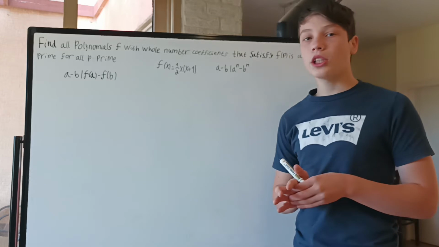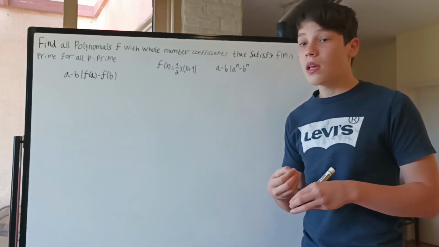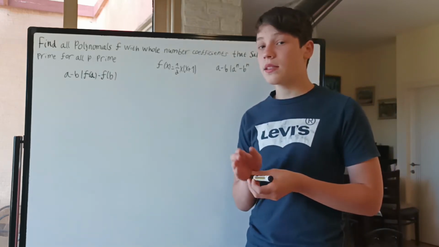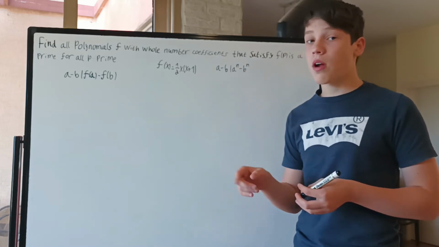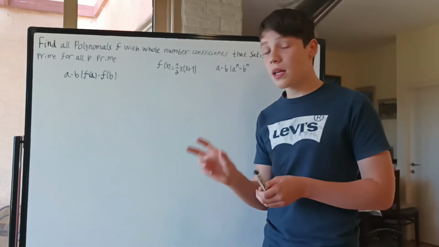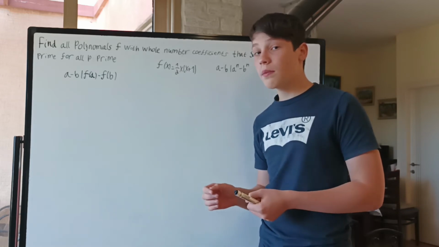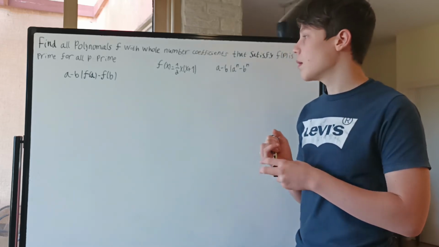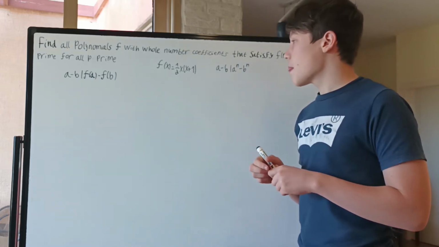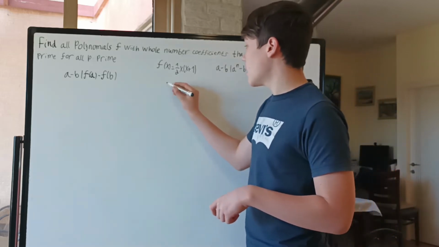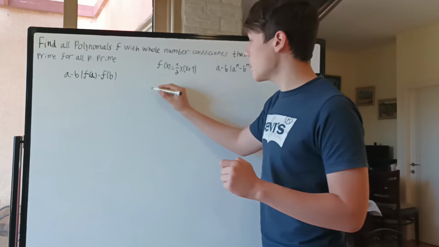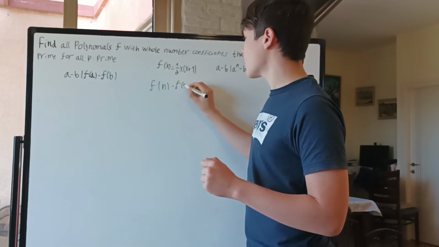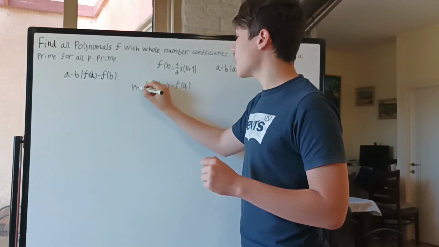The way we want to actually get values for f is to get that some number divides into f of a prime, because f of that prime would be a prime in itself. And if something divides a prime, then those things are equal. Then we can start getting actual values for the polynomial. So if q is a prime, I know that f of n minus f of q is divisible by n minus q.